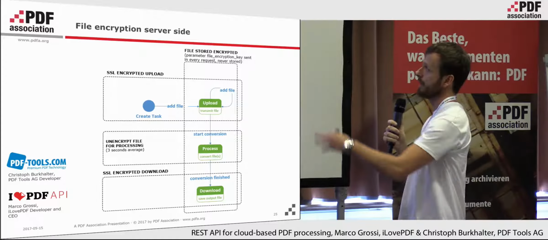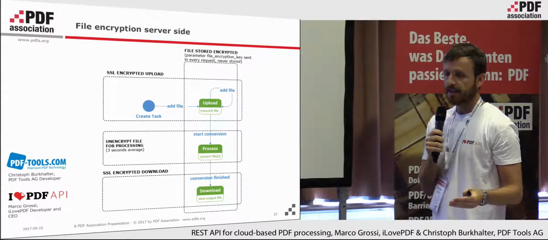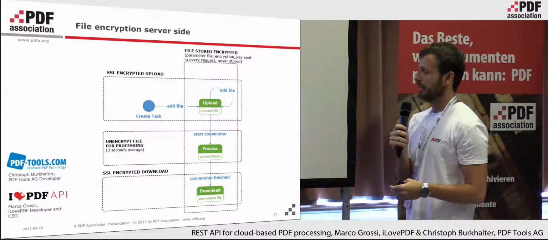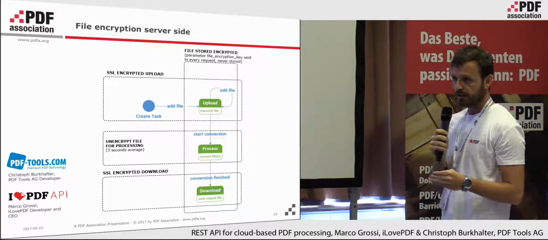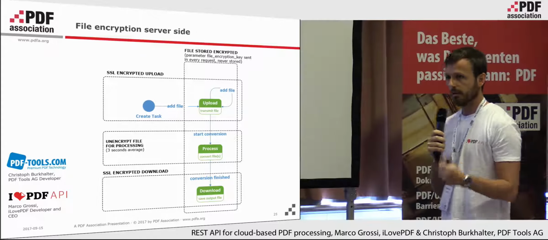The next request is the process request. Here, of course, the API client has to provide this file encryption key again, so we can decrypt the file just before processing it. We process it and re-encrypt it again after that.